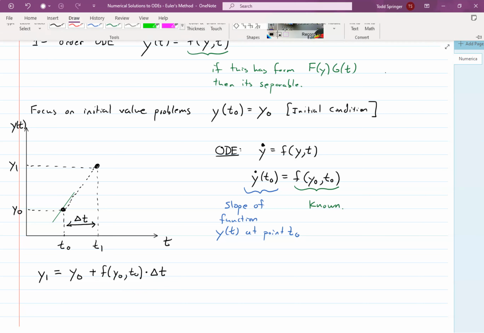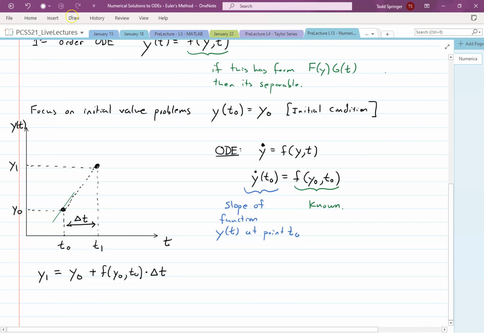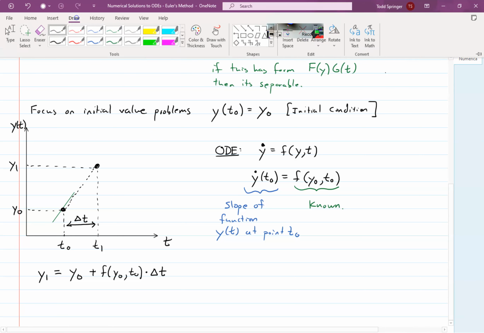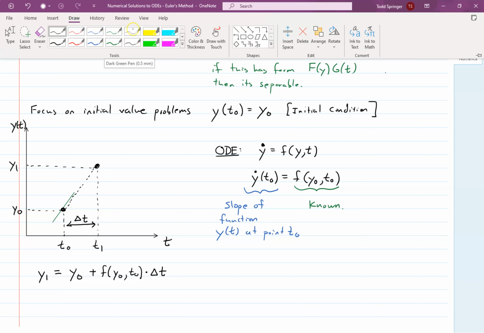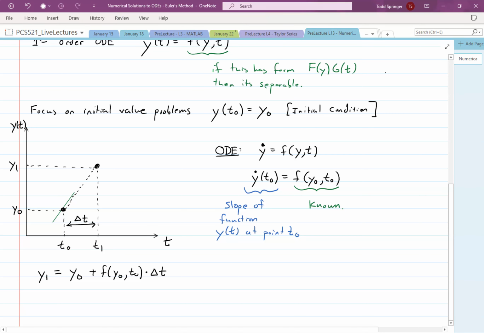Now let's think about, I'm at the point t1, y1. Now what can I do? I can determine the slope at that point. So let me draw another line here. What's the slope at this point? Let's say it's something like this.